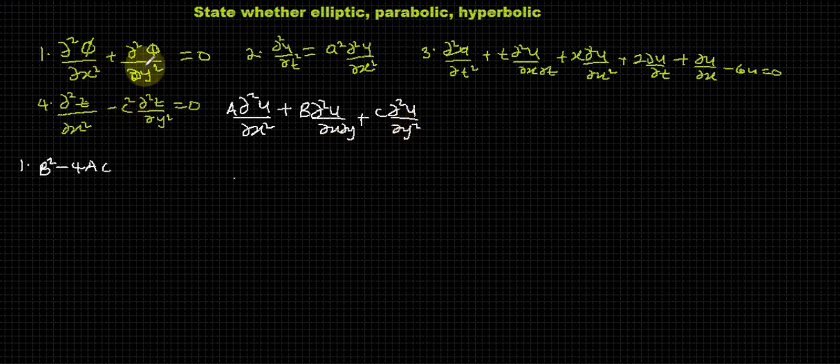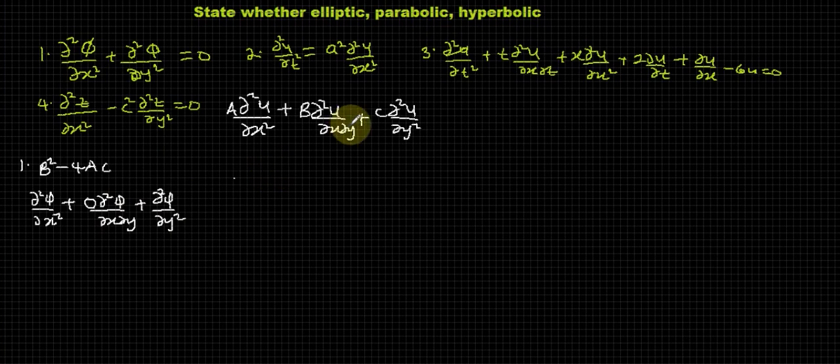Comparing this with this now, we are going to have ∂²φ/∂x² plus, let's put 0 ∂²φ/∂x∂y, so that if 0 multiplies this, everything turns to 0, so there will be no need for that. So this is ∂²φ/∂y².